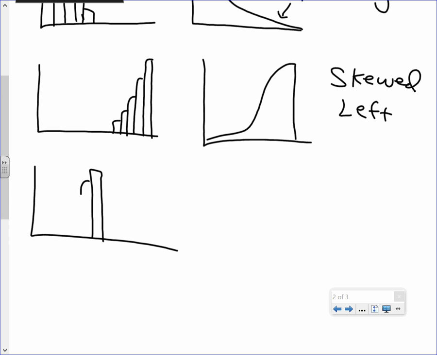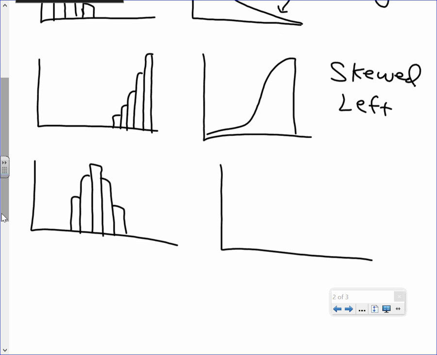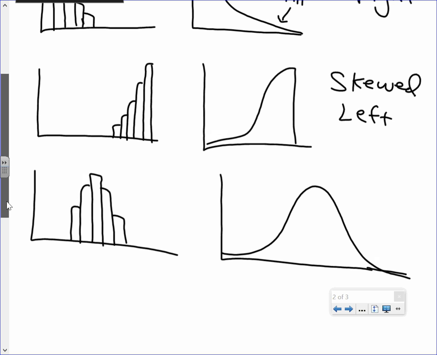One, two, three, four, five. So what would the curve look like now? Watch this. It would look like this. The curve would somewhat look like that.